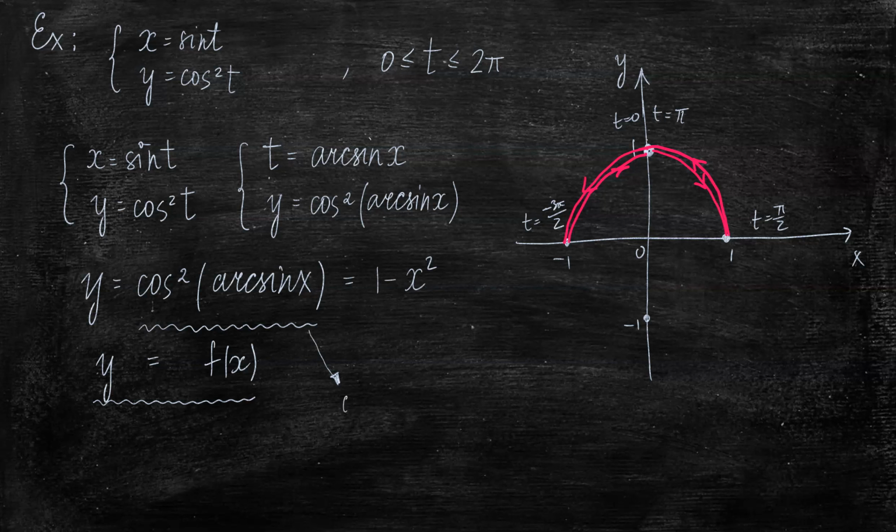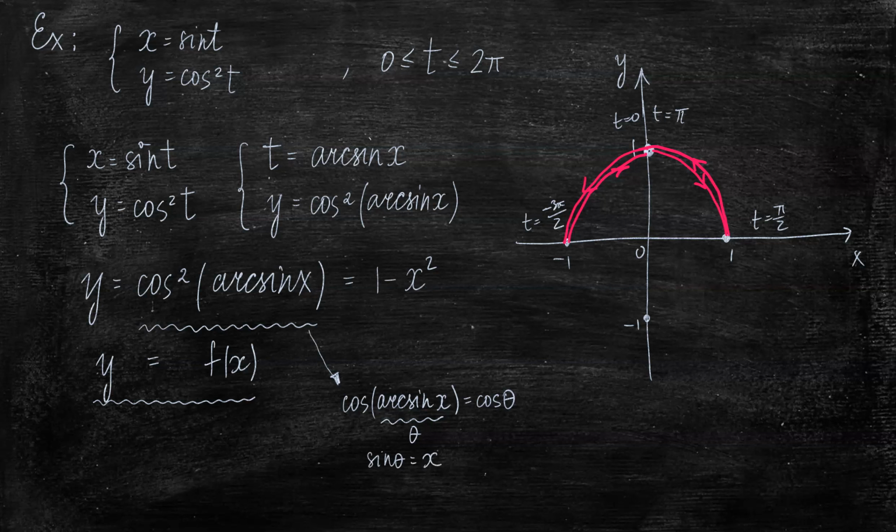Well, because if you take cosine of arcsine and call this theta, then we're looking for cosine of theta. But what is theta? Theta is such that sine of theta is equal to x.